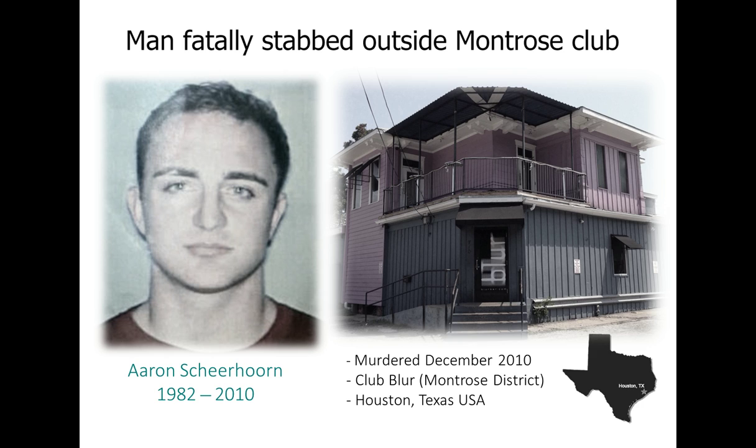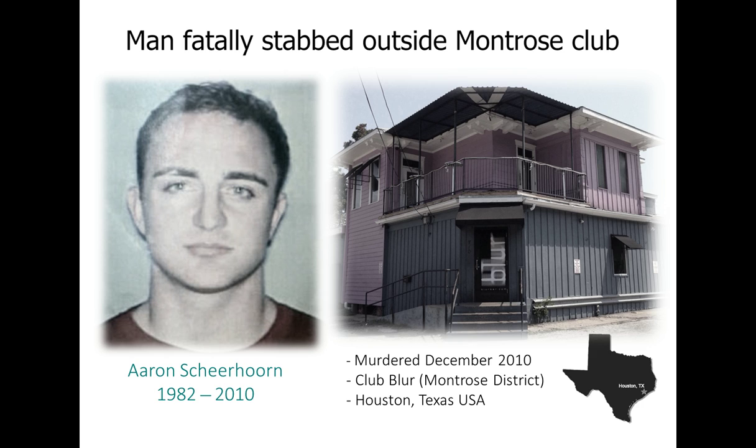So when Mr. Scheerhorn was murdered and stabbed to death in the parking lot outside of this bar, the media got a hold of it, and of course they were calling it a hate crime because of his sexuality and the area of town where he was killed.